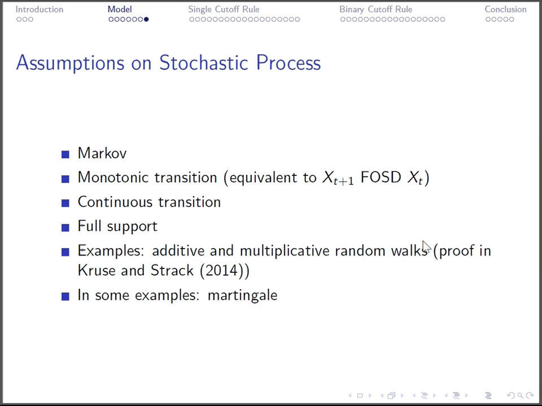And it should have full support as well. And in some examples, I will assume martingale too. And two examples of stochastic processes that satisfy all these four conditions would be additive and multiplicative random walks. And the proofs were given in a paper by Kruse and Strack in 2014, which is the next thing that I will talk about.